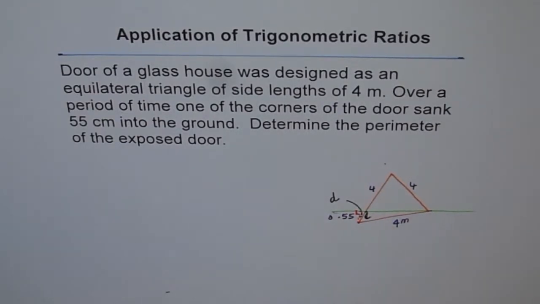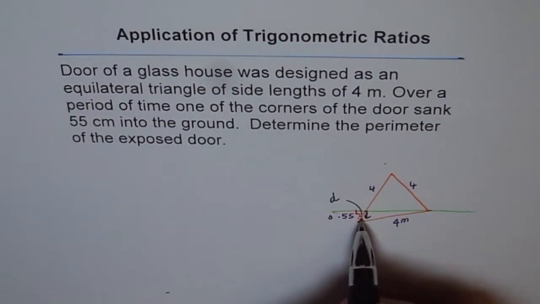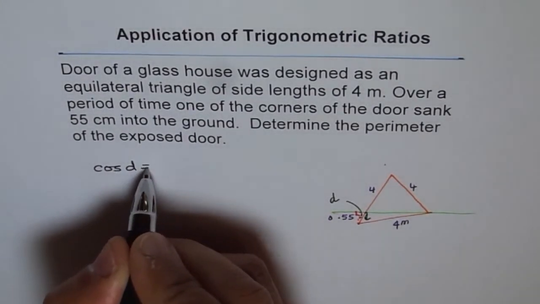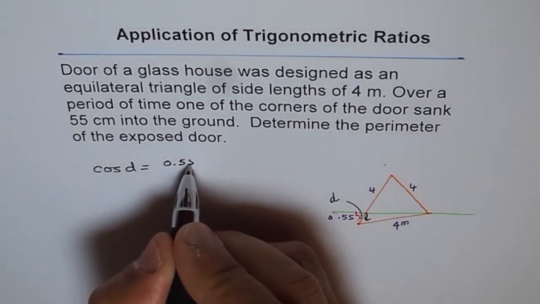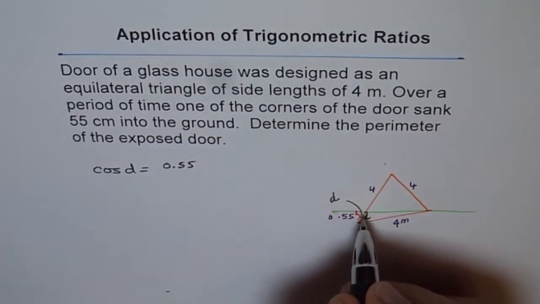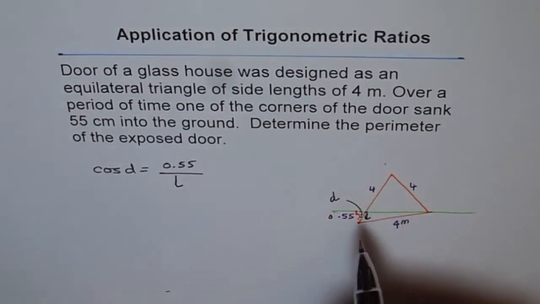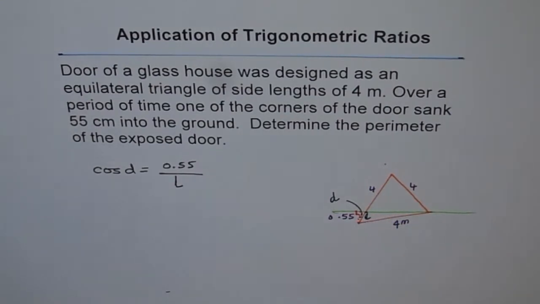In this small triangle, the angle D has 0.55 as the adjacent side, so cos D is equal to 0.55 over L. That becomes the relation between the angle and this side.